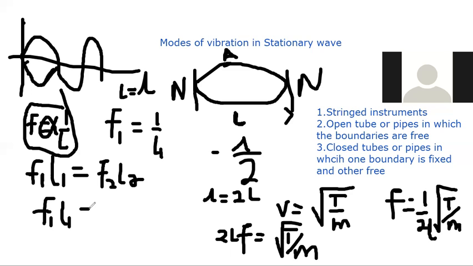That should be equal to frequency 2 times L2. That is the same. So this is gotten from F being inversely proportional to the length. You can just keep it as a formula.